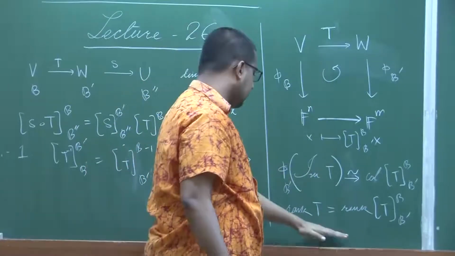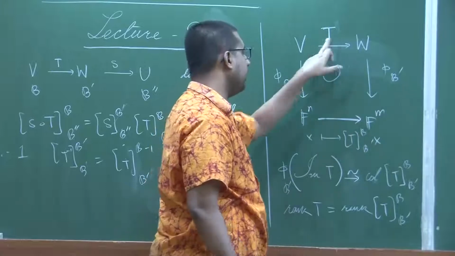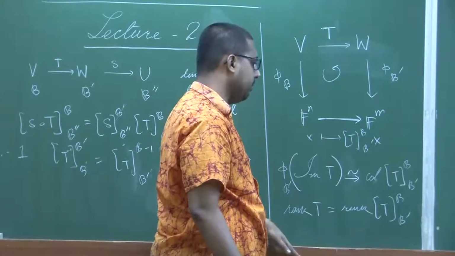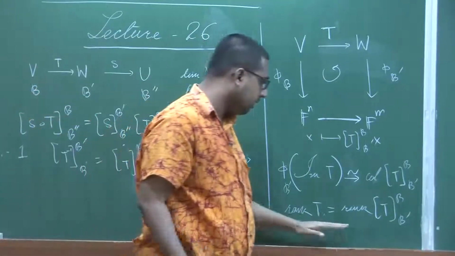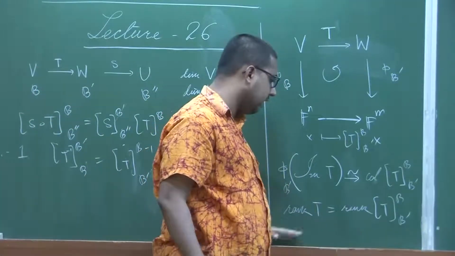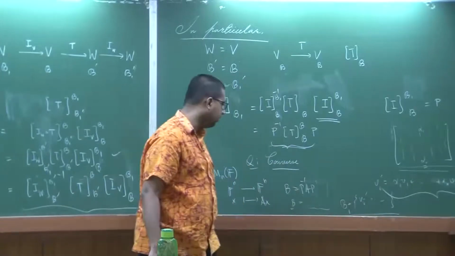So what we see is, given a linear map T, for any choice of ordered bases B and B prime, the rank of T is the same as the rank of this matrix. Therefore, whatever B and B prime we choose, the rank of the matrix does not change. Now you apply that here. What do you get?